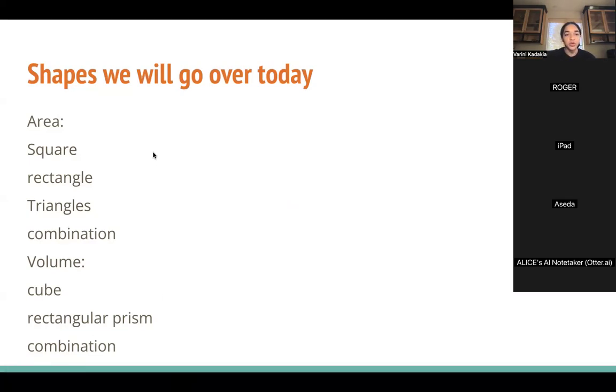For area, we'll go over squares, rectangles, and triangles, and then combinations of these shapes. And then for volume, we'll go over cubes, rectangular prisms, and then a combination of the two.